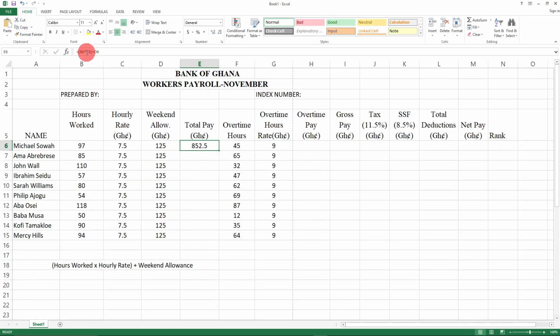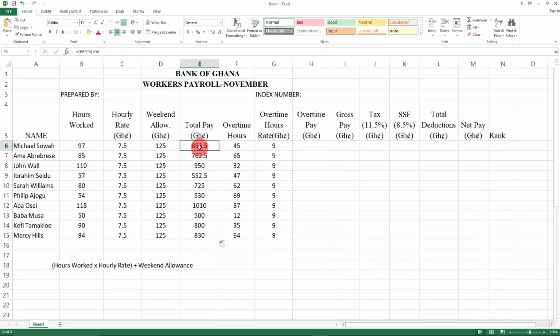So I've used the formula, which is the B6 times the C6 plus D6. That one, I don't need to calculate for Ama Abebrese, the total pay. I don't need to calculate for Ama Abebrese and the rest. I will just drag it and it will calculate for all of them. Yeah, the first one, it didn't work because I used the numbers instead of the formula.